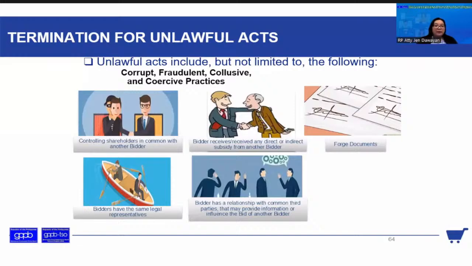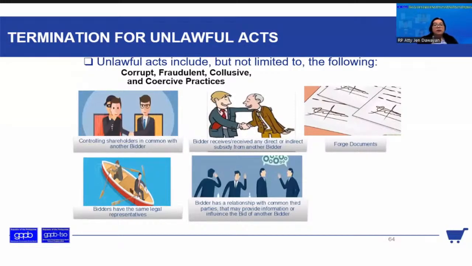And the bidder has a relationship with common third parties that may provide information or influence the bid of another bidder. So these are examples of unlawful acts that can cause the termination of the contract. So very important, even if it is contracted out, if it has been determined that these unlawful acts happened, then it can be terminated.